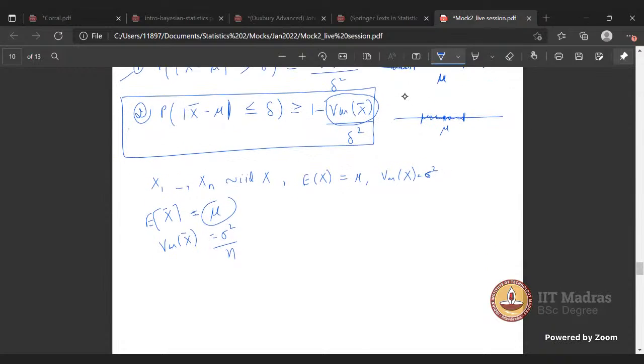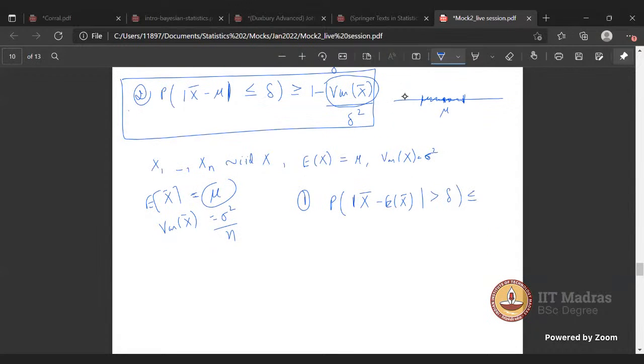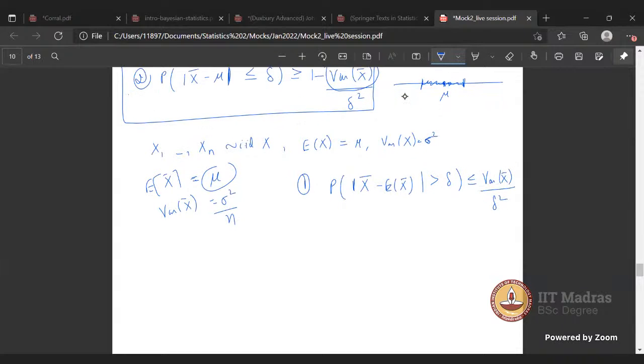So using the weak law of large numbers, we know that the probability that mod of x bar minus expected value of x bar is greater than delta should be less than or equal to variance of x bar upon delta square. Now, in place of expected value of x bar, I will substitute mu, and in place of variance of x bar, I will substitute sigma square by n. So it becomes probability mod of x bar minus mu greater than delta is less than or equal to sigma square by n delta square.